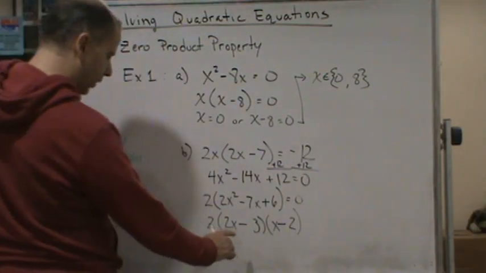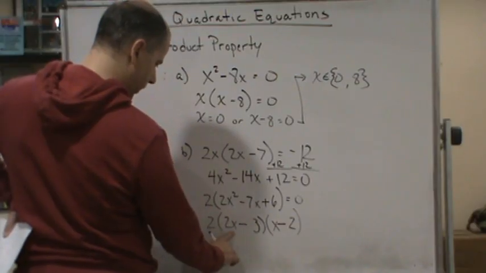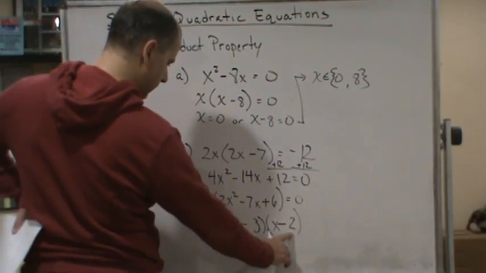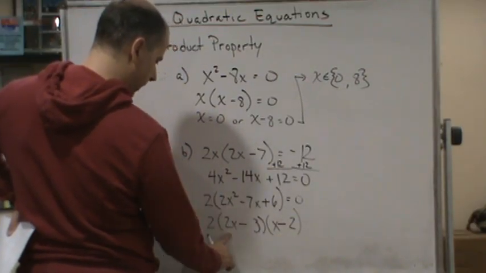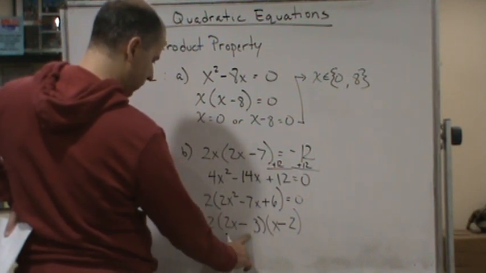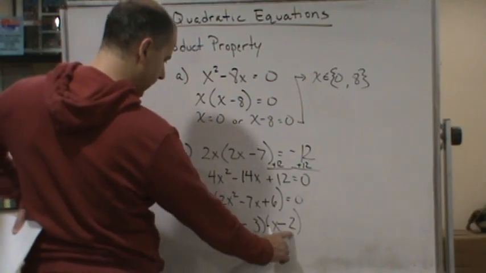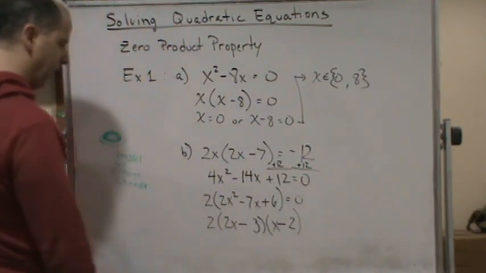So if we look at this here, we get 2x squared, and then 2x times negative 2 is negative 4x, and then we get negative 3 times x is negative 3x, so that gives us our negative 7x, and then negative 3 and negative 2 gives us our positive 6.